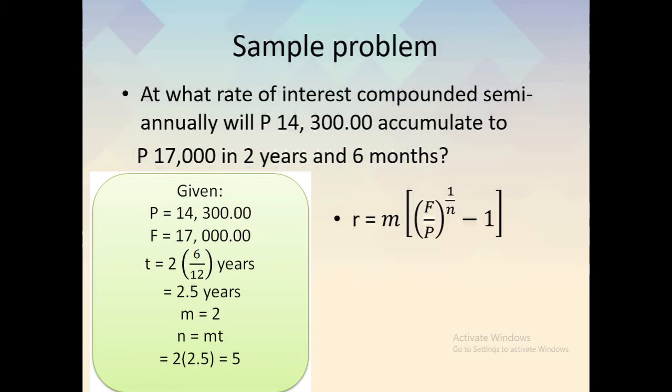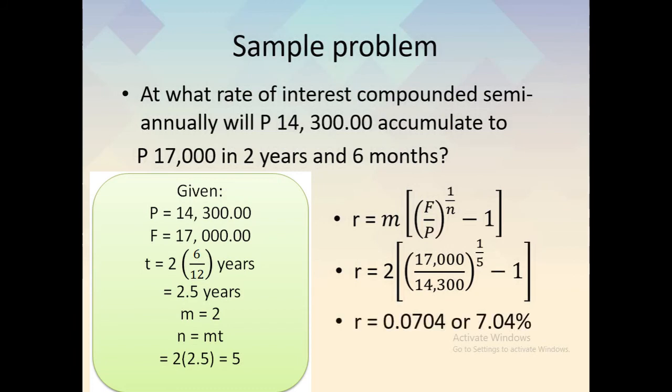So R is equal to 2 times the bracket 17,000 over 14,300 to the power of 1 over 5 minus 1. So I compute that one on the calculator. So R is equal to 0.0704 or 7.04%.